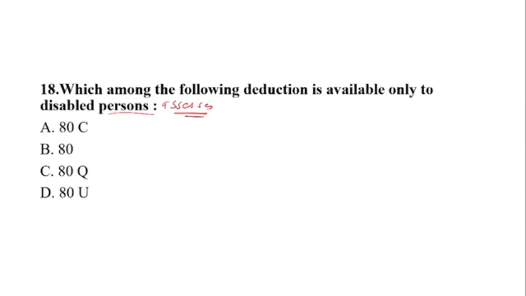If you remember, section 80DD is for the dependent disabled: persons like a spouse, dependent children, dependent parents, or minor children who depend on the assessee. If they depend on the assessee, then he will get 80DD as a deduction amount.